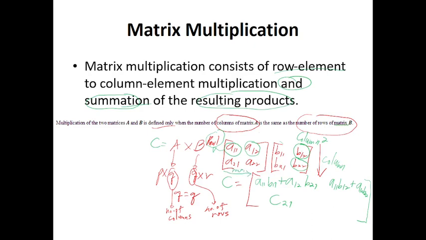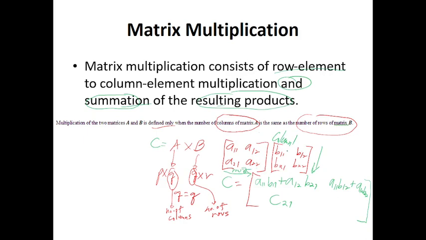Ang reference natin ay row 2 and column 1.